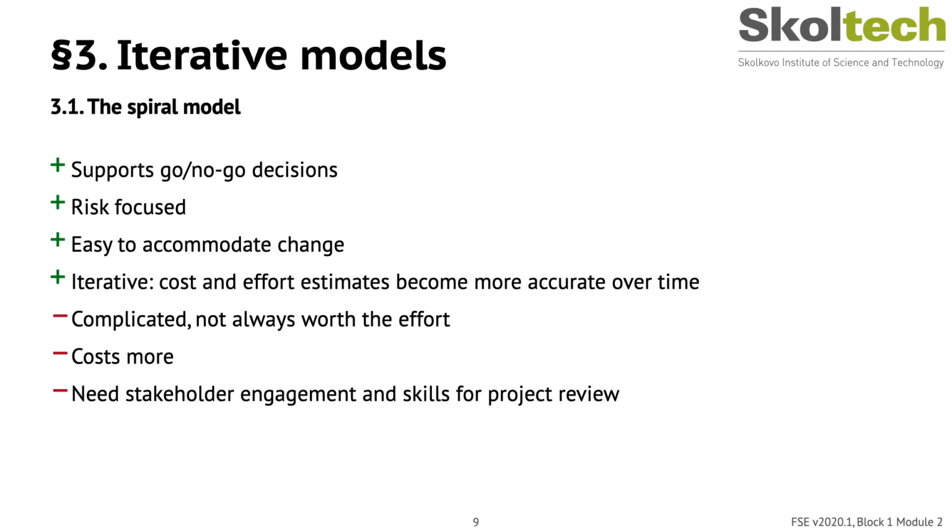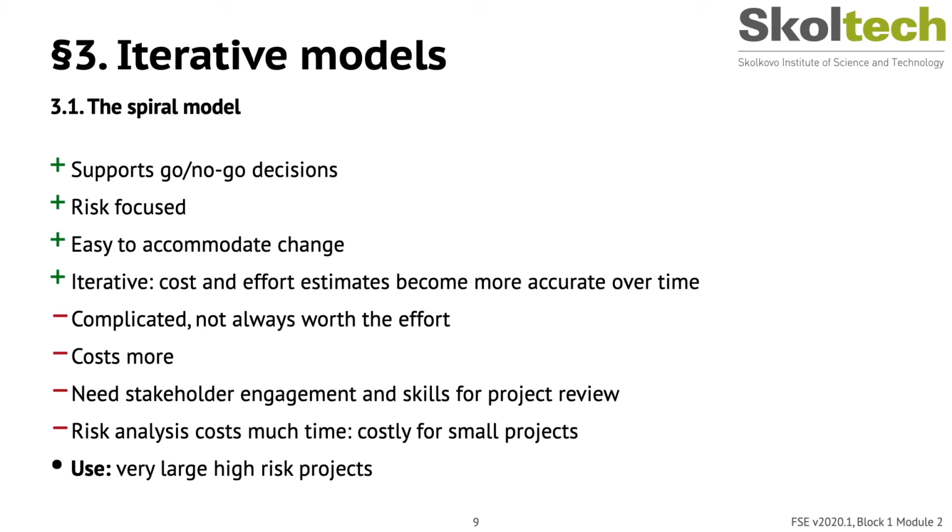Stakeholders must have the time and skills needed to review the project periodically to make sure that each cycle is completed satisfactorily. It doesn't work well with small projects. You could end up spending more time on risk analysis than you'd need to build the entire application with a simpler approach. Having said that, the general recommendation would be to use the spiral with very large, high-risk projects.